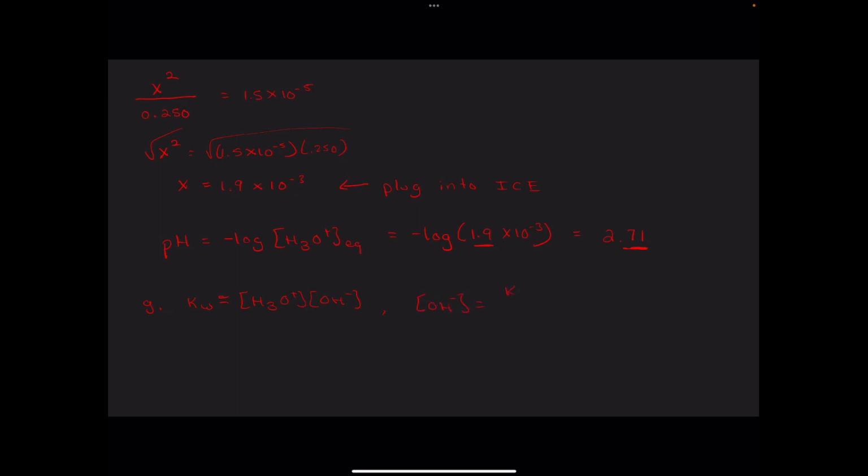Hydroxide equals Kw over the hydronium concentration. Kw is 1 times 10 to the negative 14th. The hydronium concentration was 1.9 times 10 to the negative third. So that's going to give us hydroxide of 5.3 times 10 to the negative 12th.